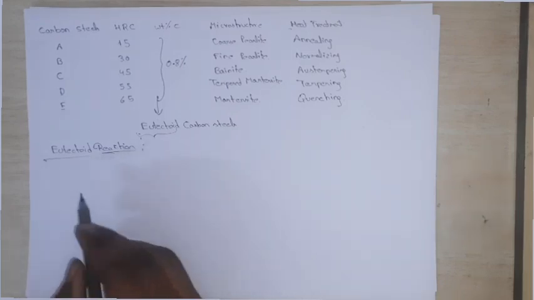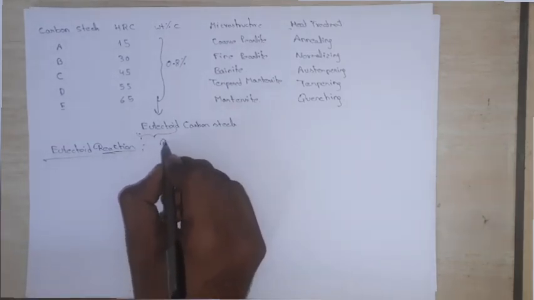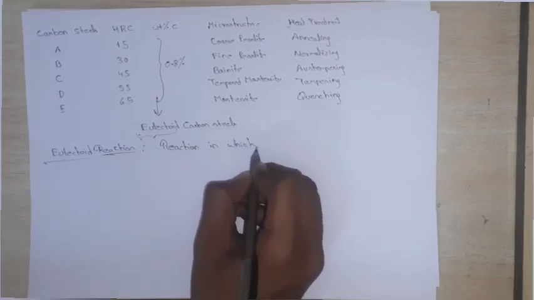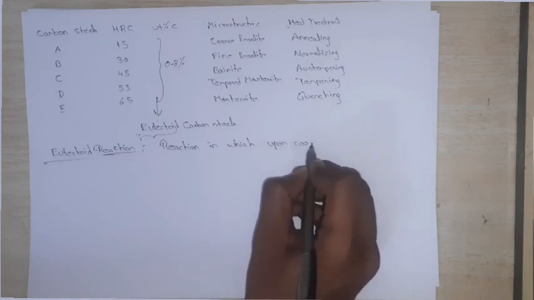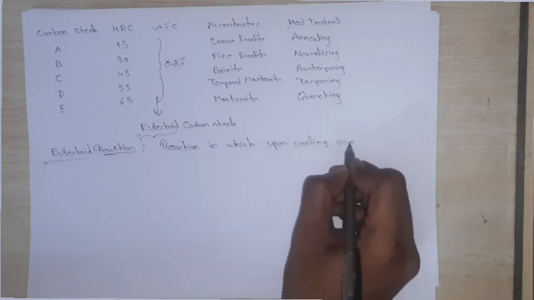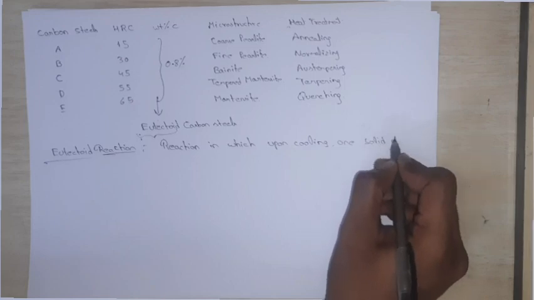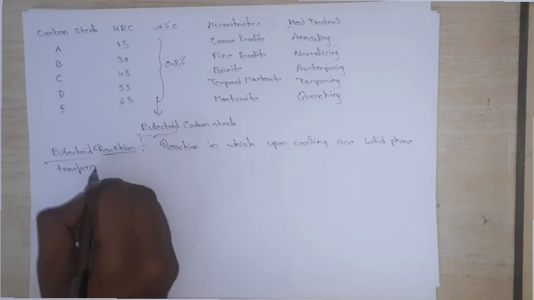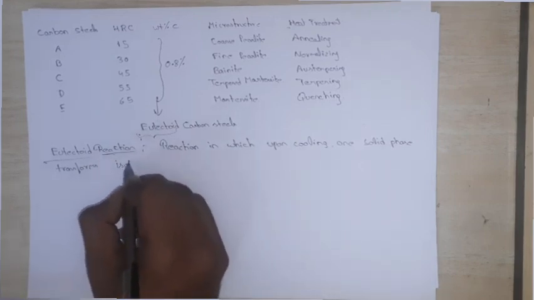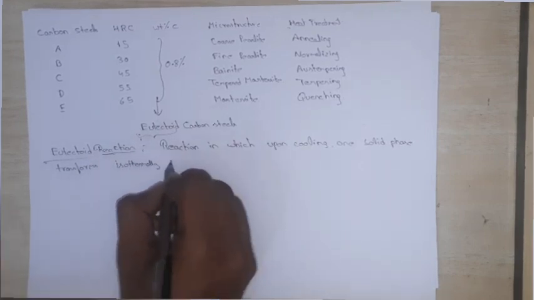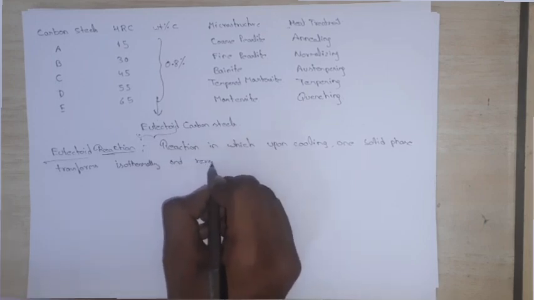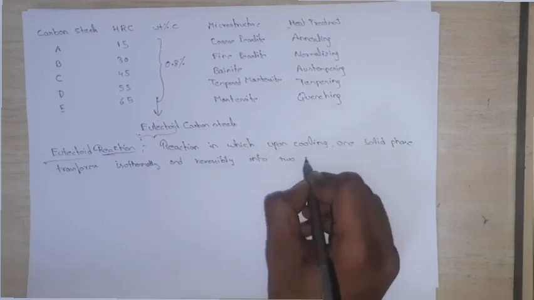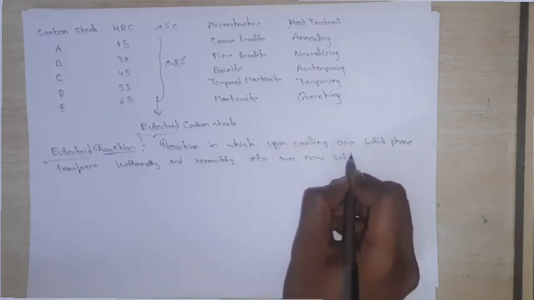So what is this reaction? Eutectoid reaction is a reaction in which, upon cooling, one solid phase transforms isothermally and reversibly into two new solid phases.